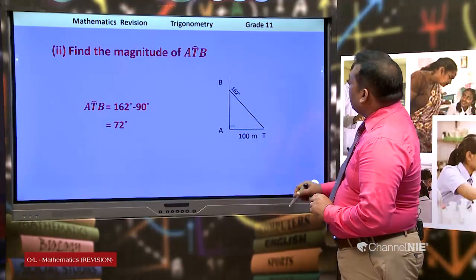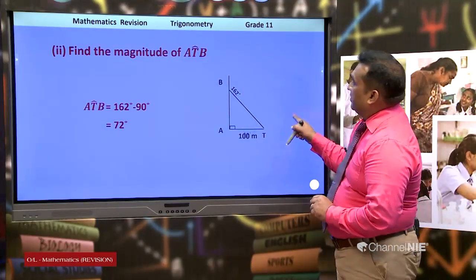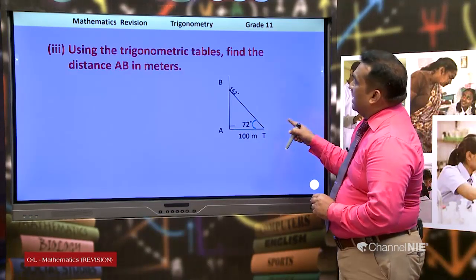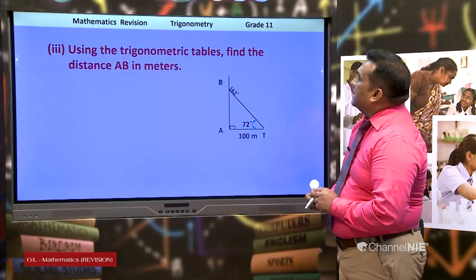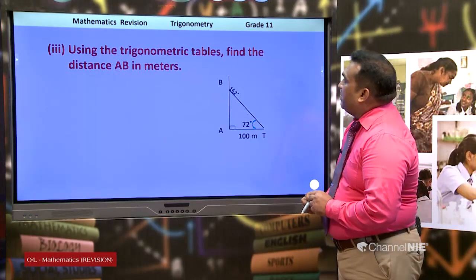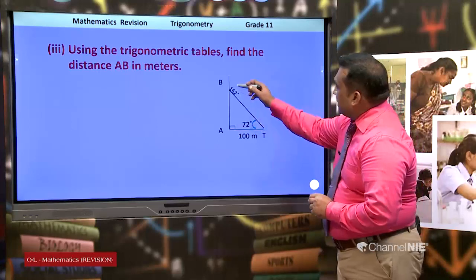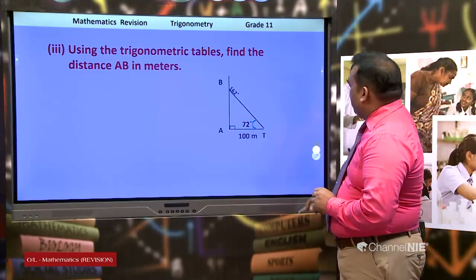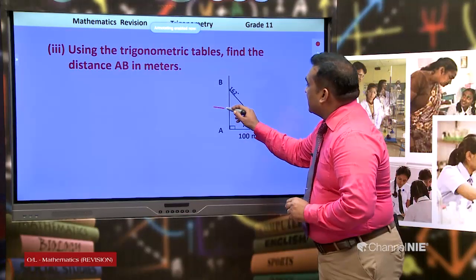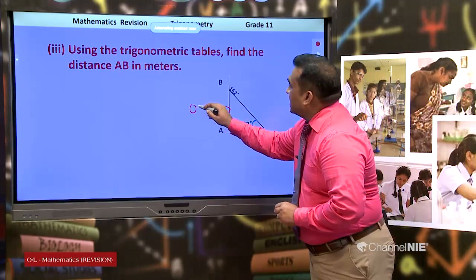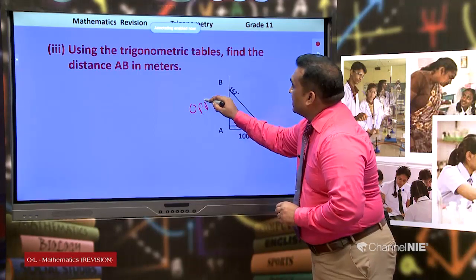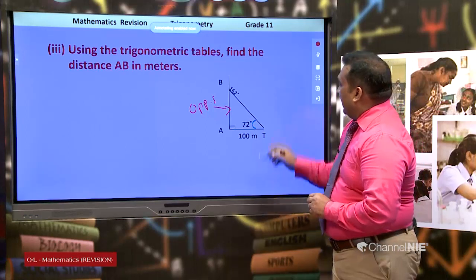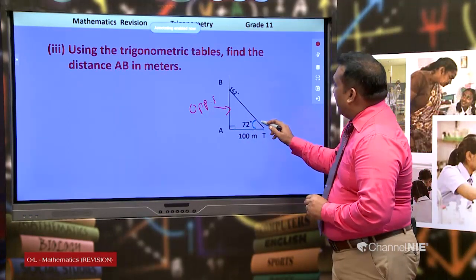Then 72 degrees, we marked it. Using the trigonometric tables, find the distance AB in meters. What is AB? AB is the opposite side, and you know the adjacent side.